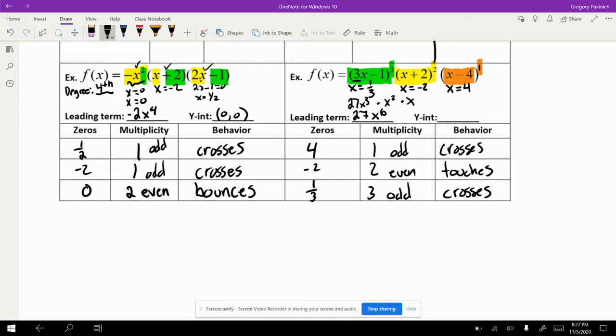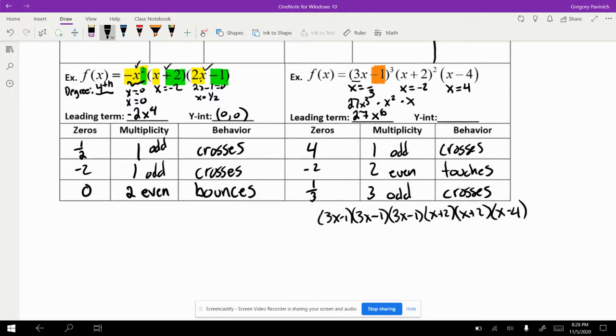Then my y-intercept would be multiplying all of my constants together. Okay, well, this -1 is going to be multiplied by itself 3 times. If you would rather look at this written out in factored form, what I'm talking about is 3x minus 1, 3 times, x plus 2 twice, and x minus 4 once.